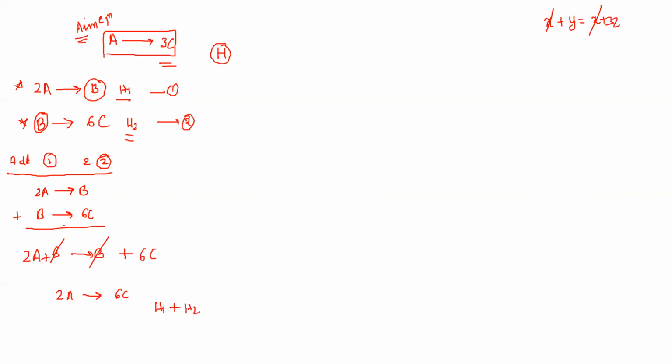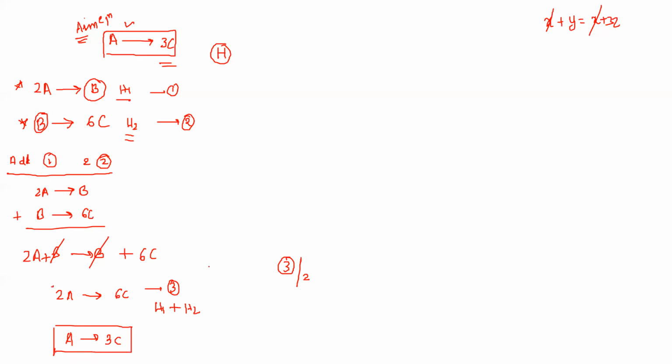However, our aim equation is A gives 3C. So let's call this equation number 3 and divide it by 2. When we divide equation number 3 by 2, we get A gives 6 by 2 C, which is 3C. And that is our required equation.